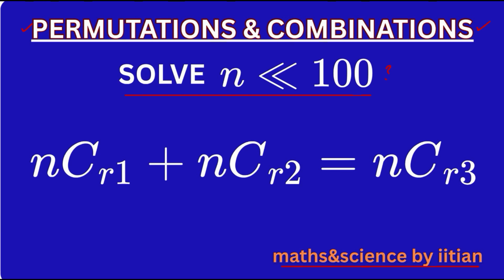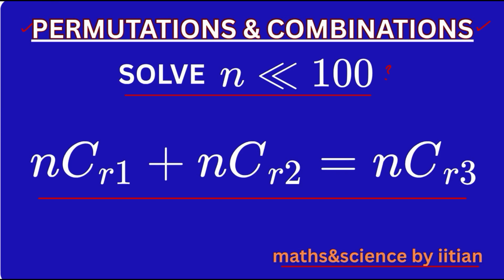It's a very good example of a permutations and combinations equation. We do not know the value of n, R1, R2 or R3. We have to find them. This is the only condition given: nCR1 plus nCR2 is equal to nCR3.